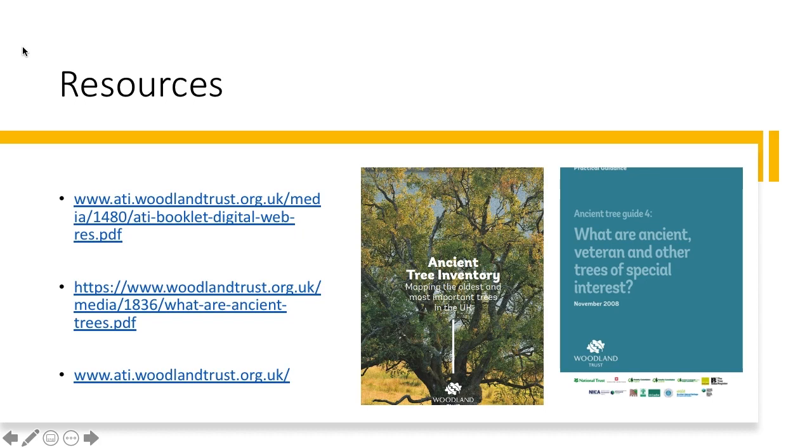The Ancient Tree Inventory, mapping the oldest and most important trees in the UK. That's a really good one. And an ancient tree guide for what are ancient, veteran and other trees of special interest. And the links that I've put here are to those two, and then the third link that I've put is just to the Ancient Tree Inventory that I've mentioned.